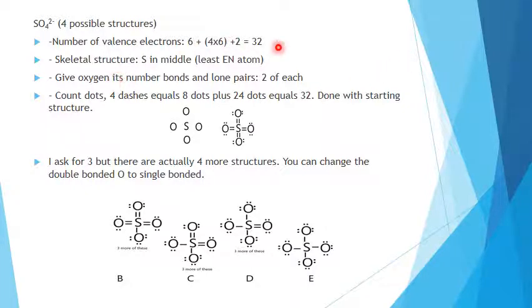Okay, so here's the number of valence electrons. For the skeletal structure, you put sulfur in the middle because it's the lone atom, and more particularly, it's the least electronegative atom. Then put the oxygens around it. The outside atoms will get a set number of lone pairs and bonds.